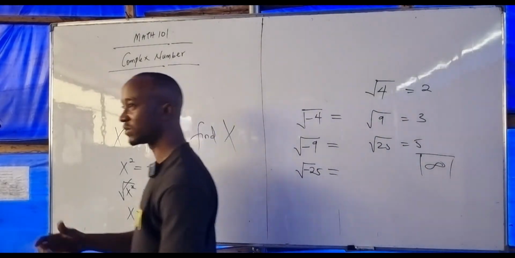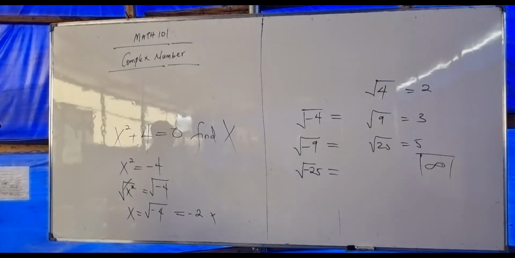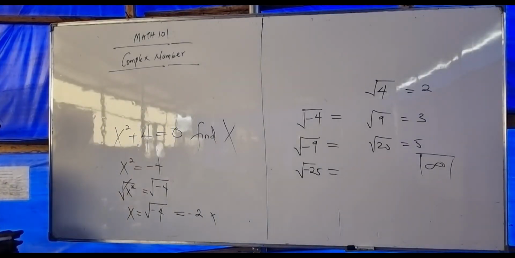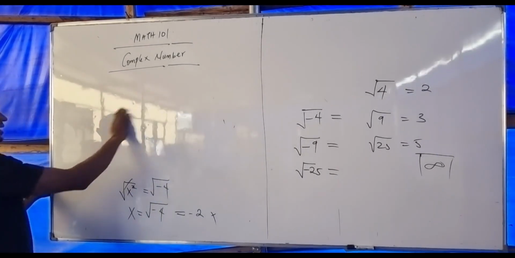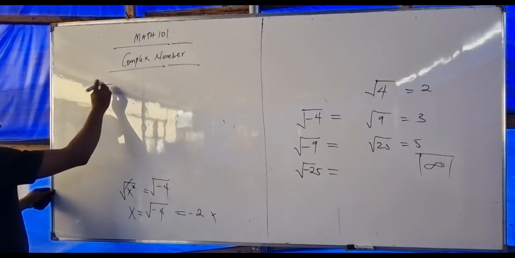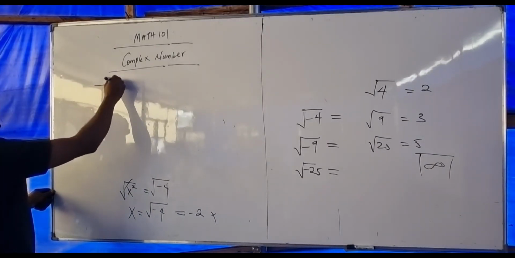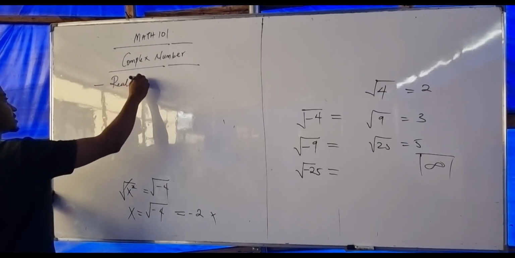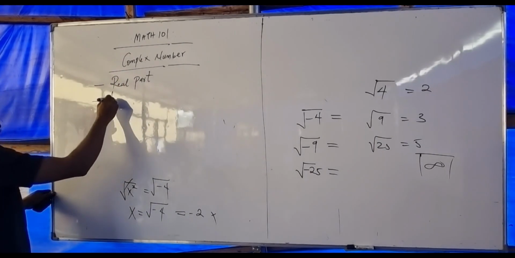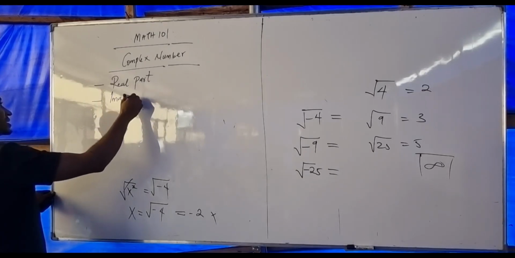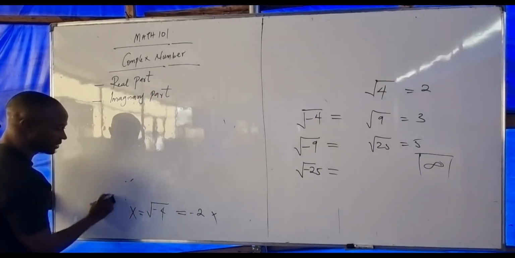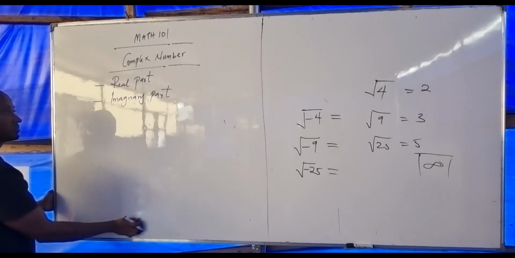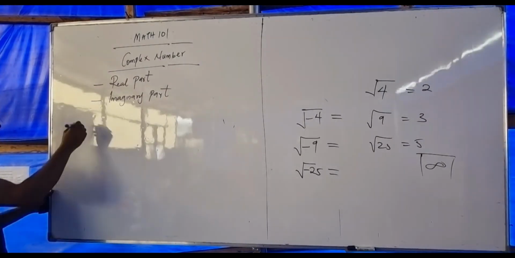Complex numbers are those numbers that are made up of two parts, which are the real part and the imaginary part.